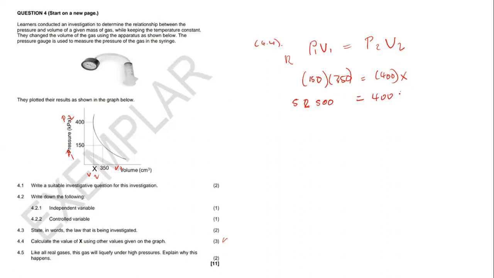So 400 multiplied by X. And then we divide both sides by 400 because we are looking for X. Then X will be equal to 131.25. Write the units, cubic centimeters. And then we are done. 3 marks. Imagine using PV equals nRT. This is the quickest and the simplest way to do it.